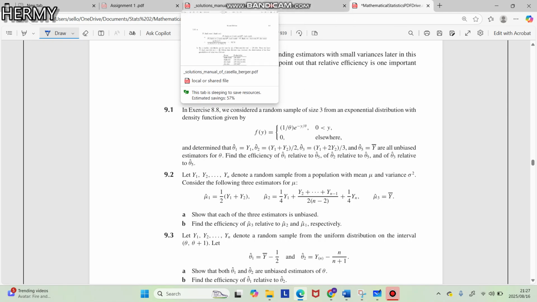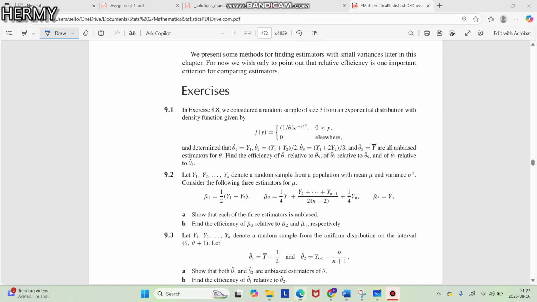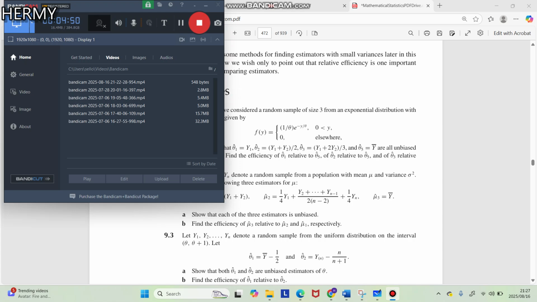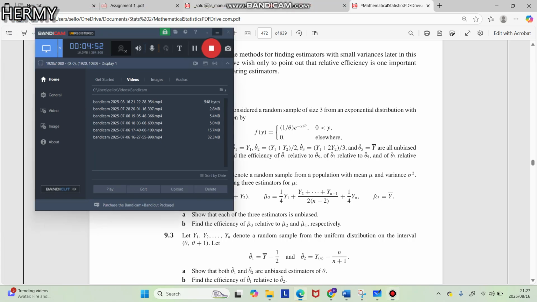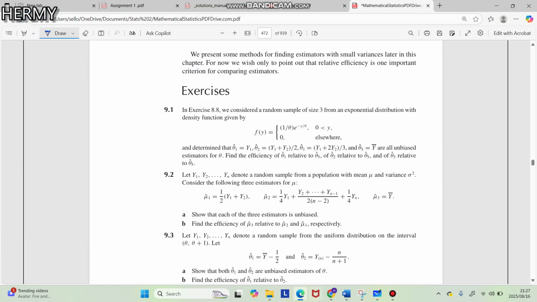When they are talking about mu and sigma squared, they're talking about the normal distribution.